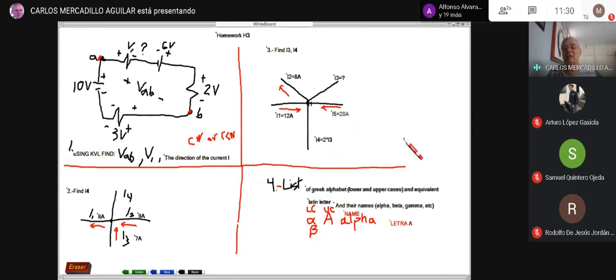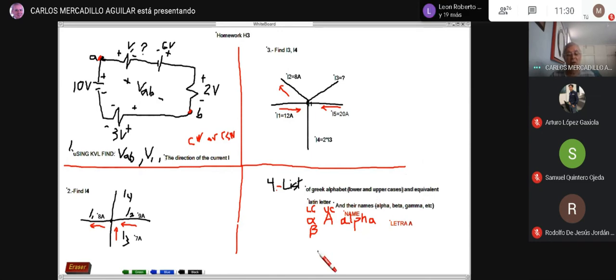I5 is 20 amps going into the node. So you put the sign. And I4, we don't know, it's also an unknown, but we know that it equals 2 times I3. So you have to do a similar analysis to that one and obtain the values. When you obtain I3, you will obtain I4 because it's only the double.